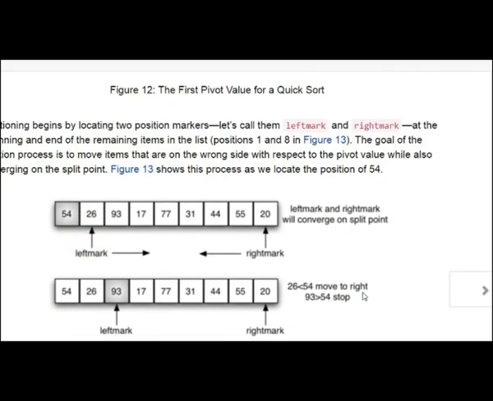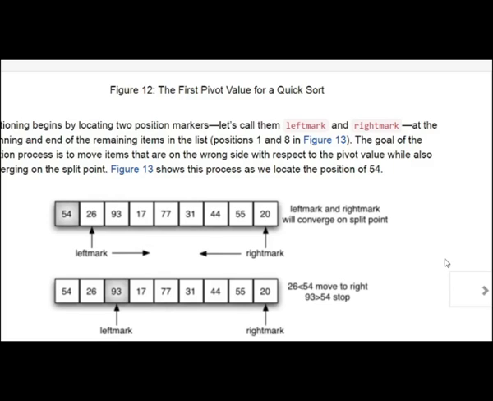Then what we have to do? I told you we are making use of two pointers, that is i and j. Here they are named left mark and right mark. Now I'll compare: we are comparing 54 with 26, because my aim is to identify an element which is greater than 54, the pivot element.